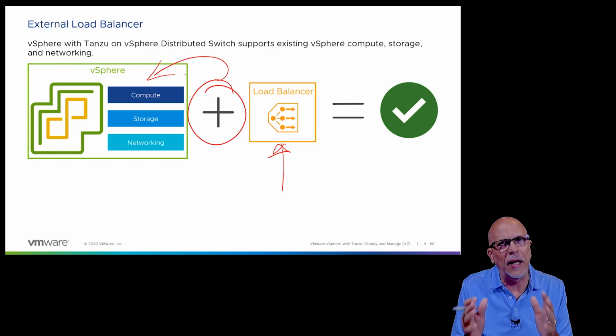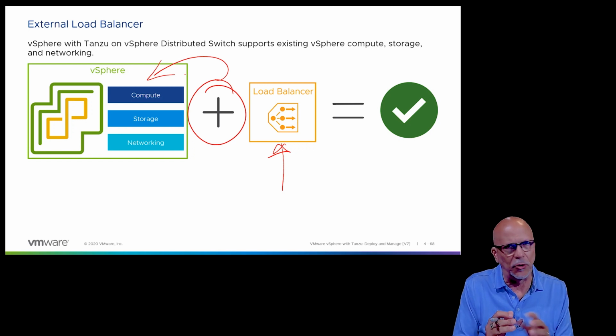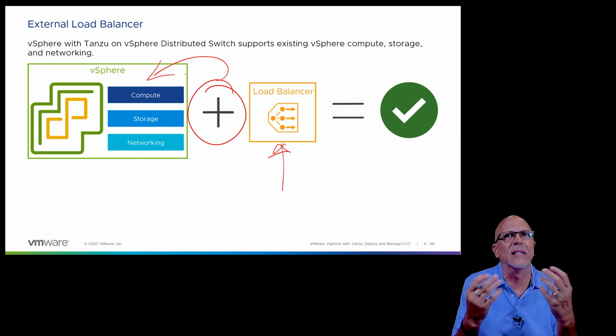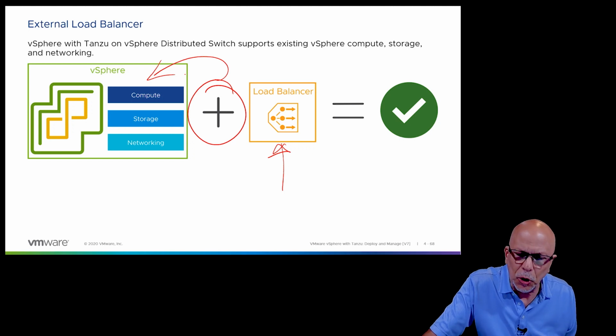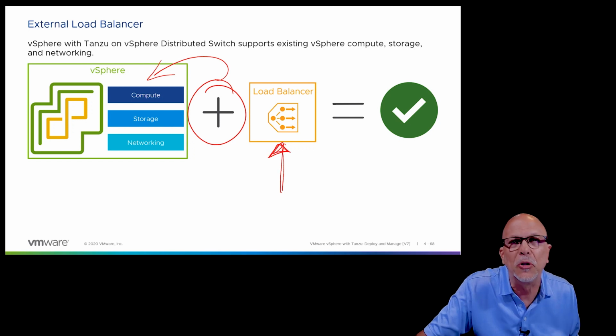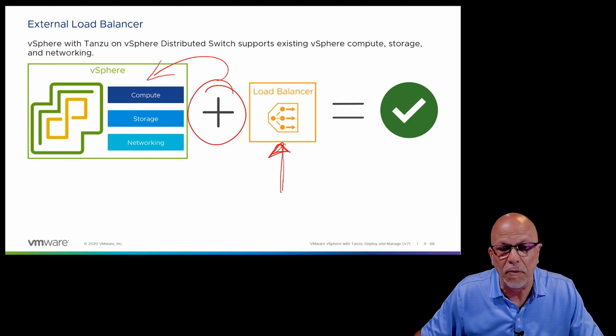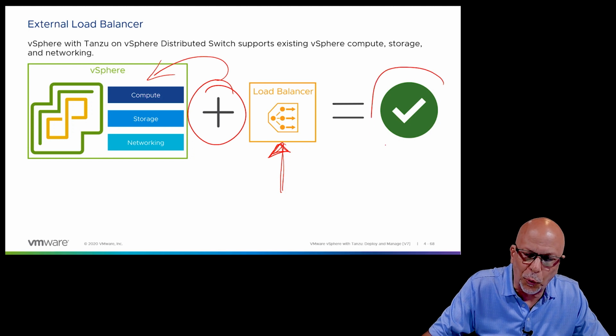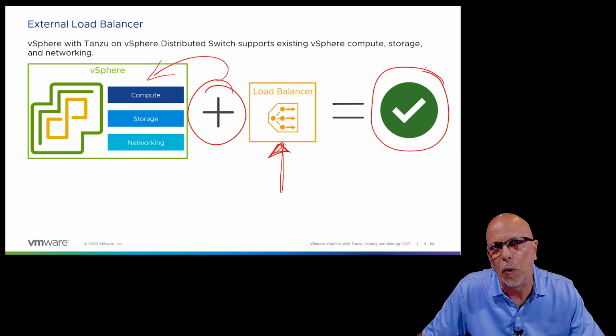Can I go ahead and do vSphere with Tanzu on top of it? And the answer is yes. You would do it, and you would have to manually deploy this additional load balancer. That would give us the green light to move forward with vSphere with Tanzu.